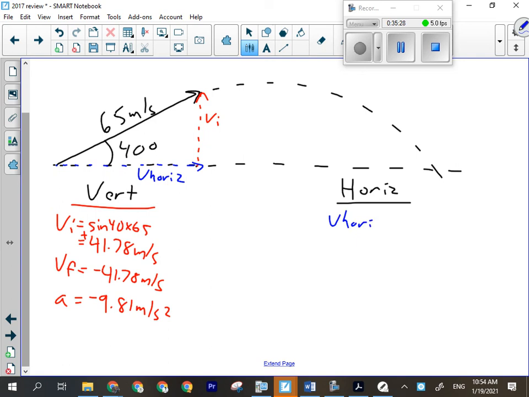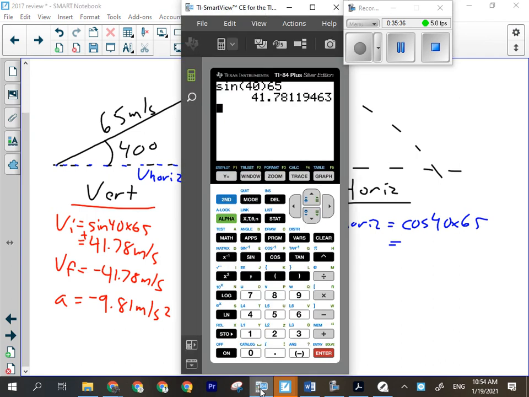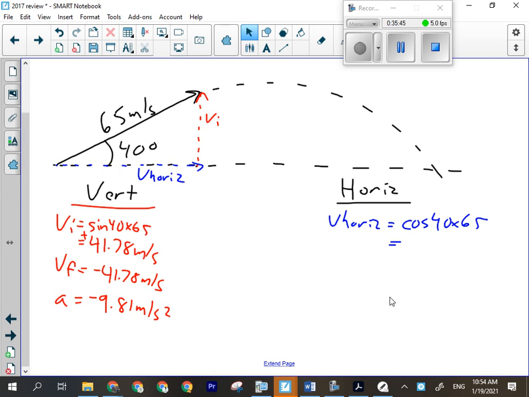That will be the cos of 40 times 65. All right, so 49.79 meters per second.